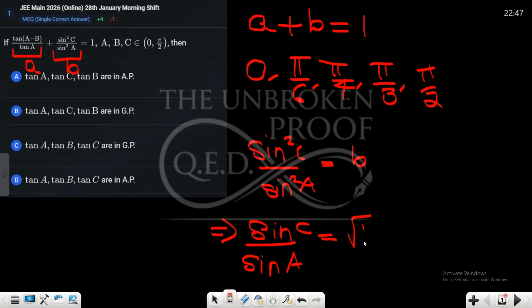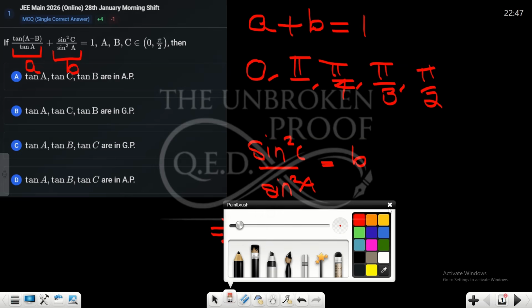So here it's going to be root b. The sine values of 0, 30, 45, 60 and 90 are quite easy to deal with, so that's why we are assuming these 5 angles.